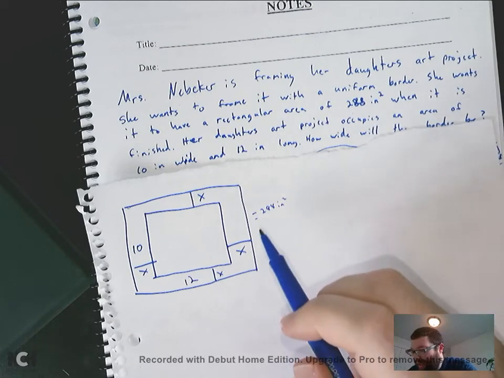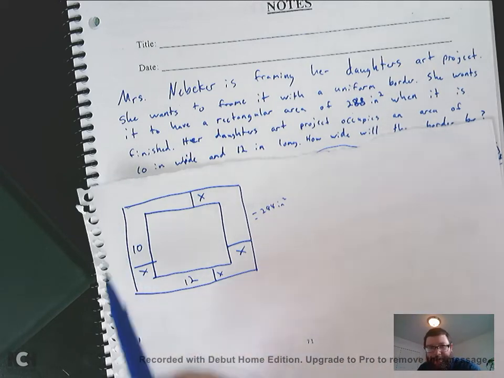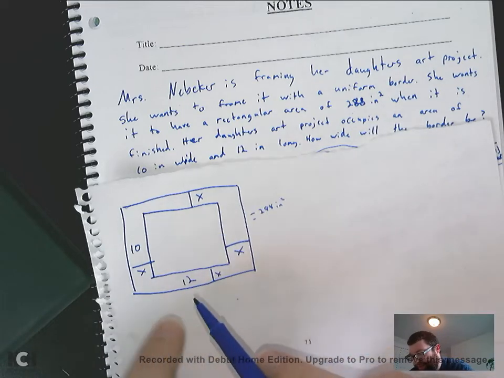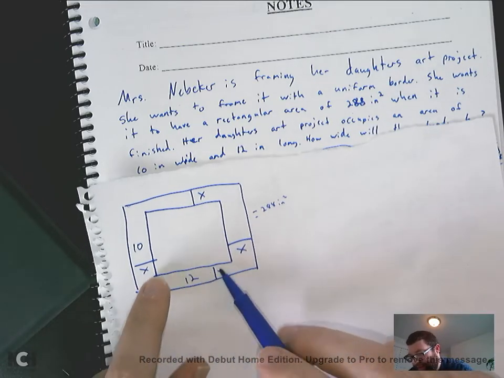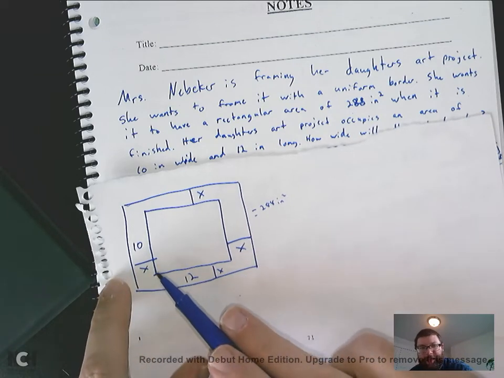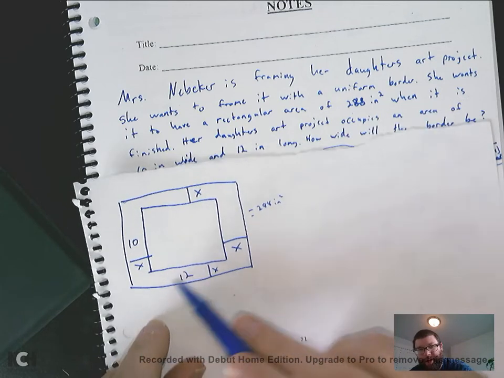So to find the area of everything together, we're going to set up how long it is times how wide or high it is, right? Base times height, however you want to think of it. So if we look at the base here, the length, this part is 12 inches, right? This is X inches, this is X inches. There's two of them right here on how long it is.